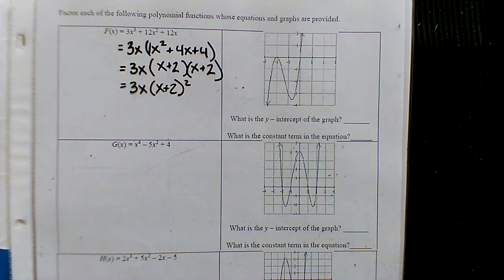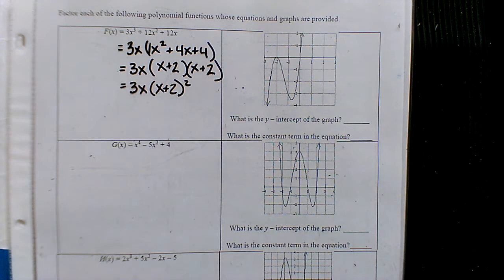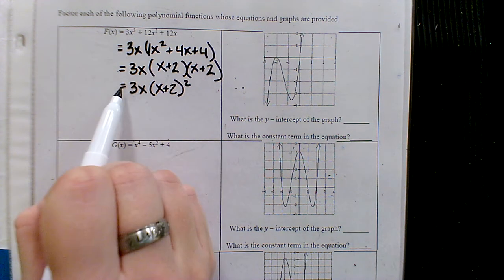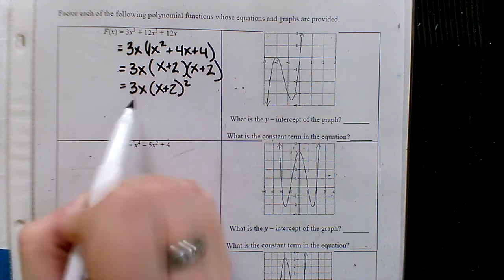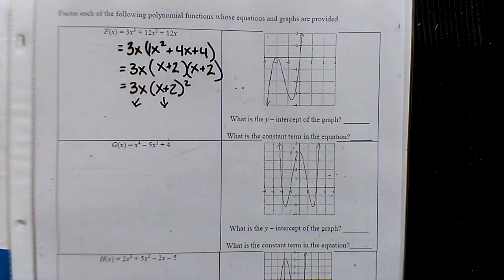So let's take a look at perhaps how these factors are related to the graph. Do you remember the graphical connection? We briefly talked about this at the beginning of the year. If these factors equaled a specific number, what did the solutions for x represent? Go ahead, Hannah.